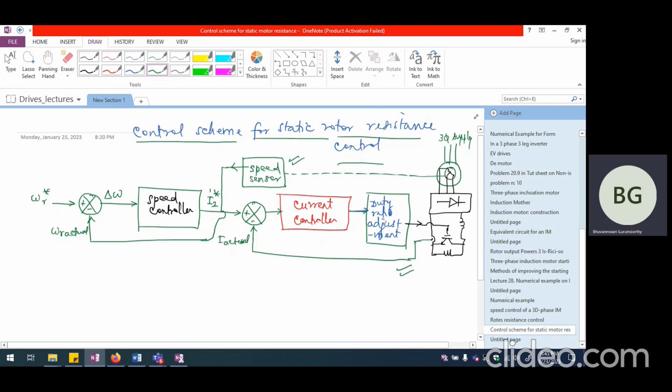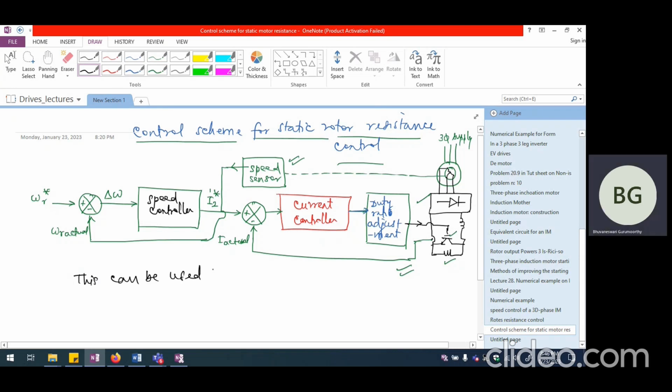Okay. So the rotor resistance control scheme can be implemented simply by connecting a diode rectifier and an external switch and an external resistance. The external switch's duty ratio is being controlled here to obtain various speeds. The major two drawbacks of this scheme are, first, this can be used only for wound rotor induction motor.